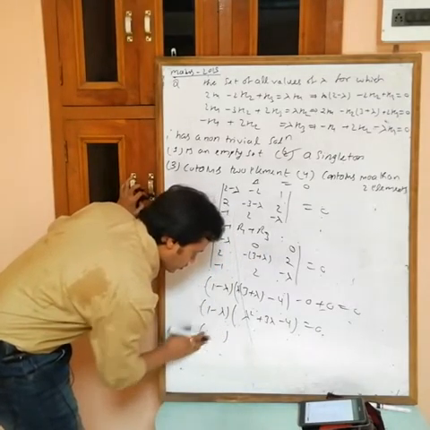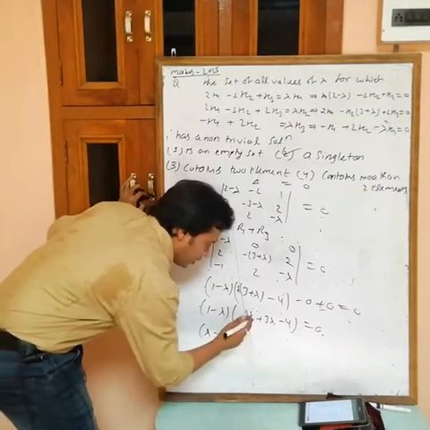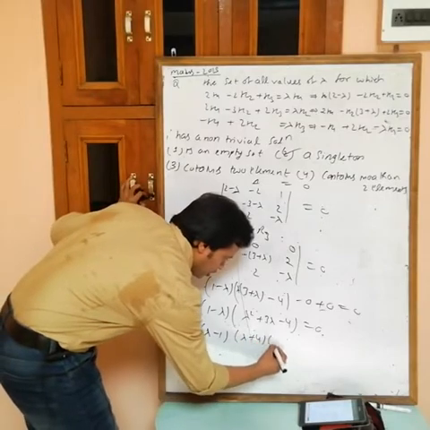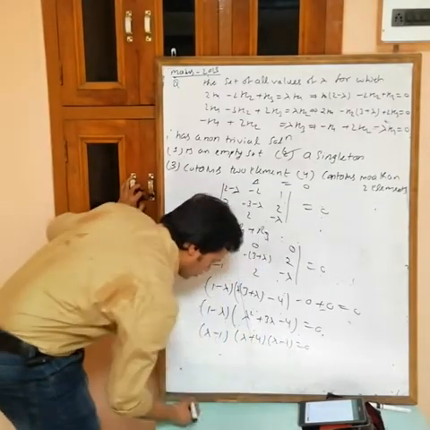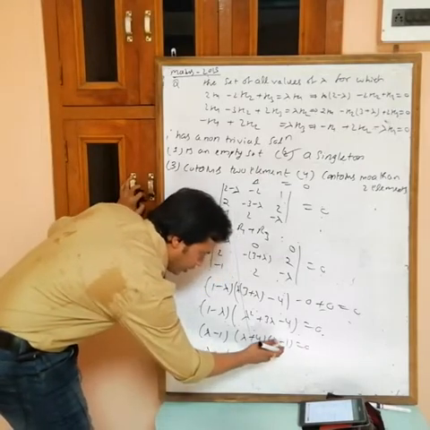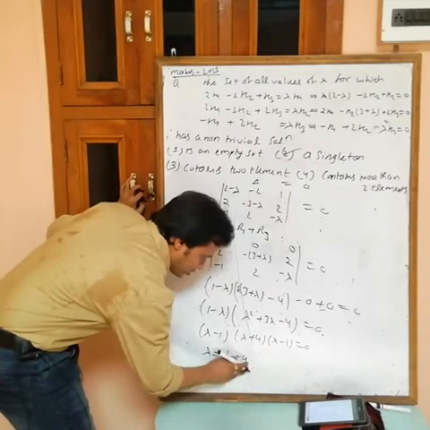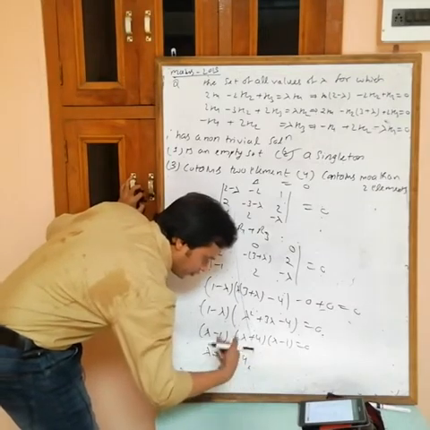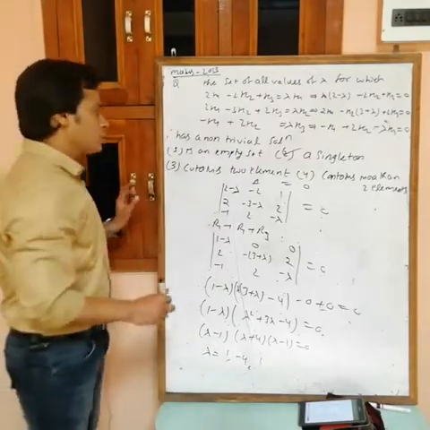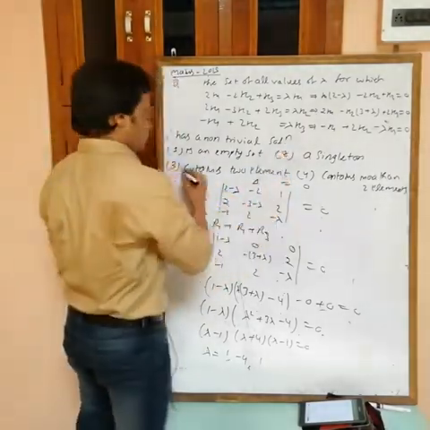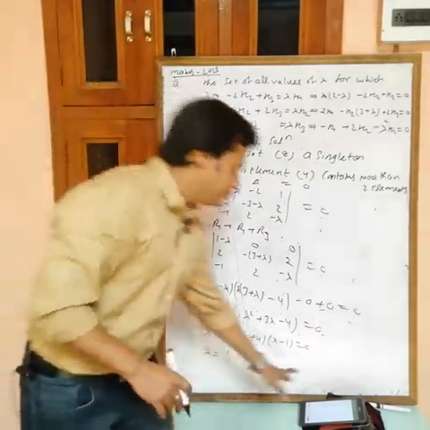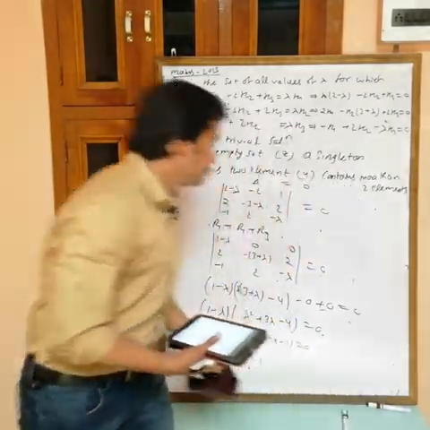Minus, minus goes to 0, this becomes lambda minus 1. Lambda square plus 3 lambda minus 4, factors are (lambda plus 4) into (lambda minus 1) equals 0. So we are getting lambda equals 1, minus 4, and again 1. But in a set you can't write one value twice. So we have only two values, 1 and minus 4. So it contains two elements, 1 and minus 4. Okay, write down.